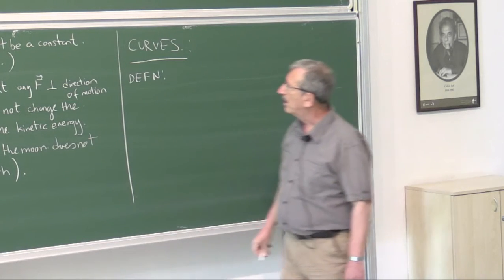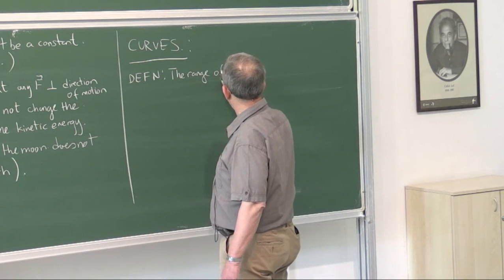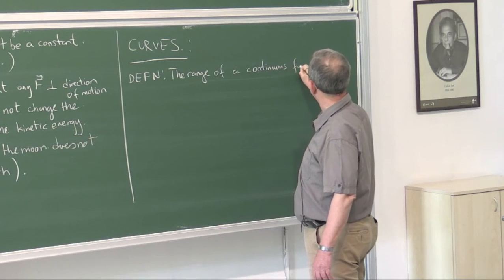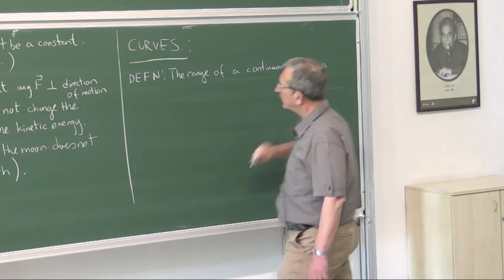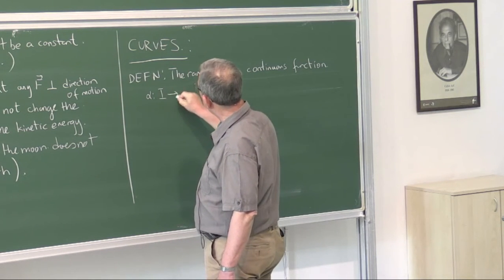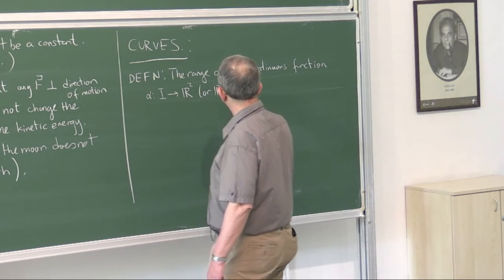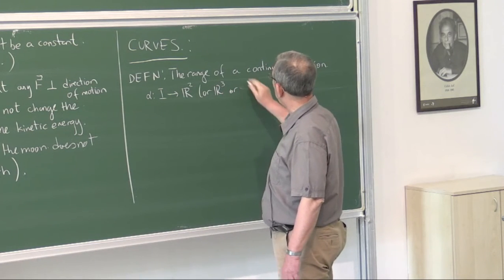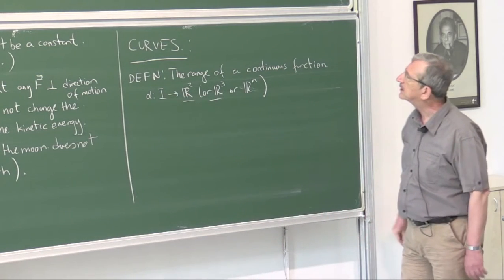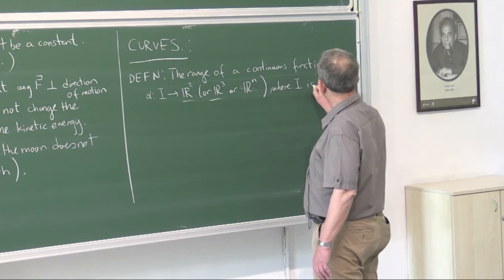Well, the range of a continuous function, say alpha, from an interval into R squared or R3, or R to the n. But we will be considering only these in our arguments, where I is an interval.